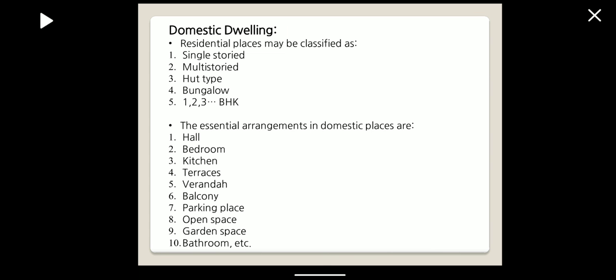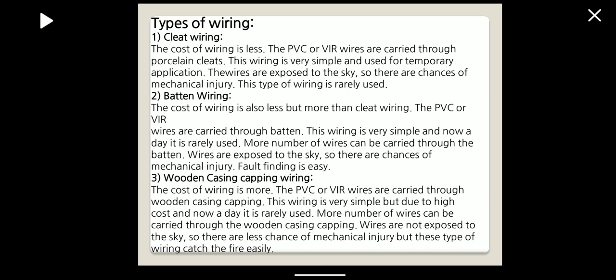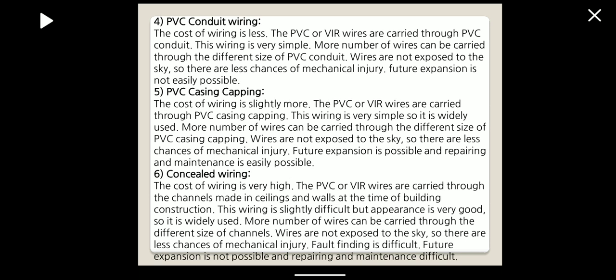And next, the essential areas in domestic places are hall, bedroom, kitchen, terrace, veranda, balcony, parking place, open space, garden space, bathroom, etc. Then next is types of wiring.